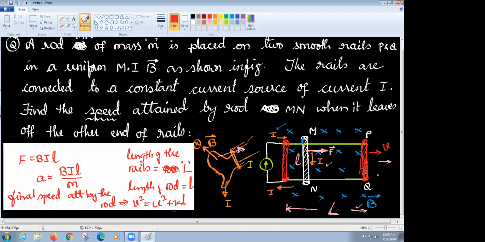So this is now capital L, because the final speed is attained once we are at the end, just about to take off. That means we have to cover this capital L distance, from this end of PQ to the other end of PQ. Now, what is my U? 0, sir. Yes, initially U is equal to 0. Therefore V is equal to the square root of 2A capital L.